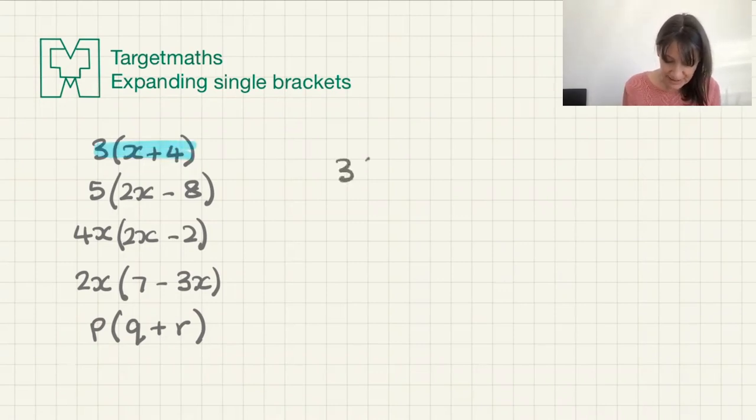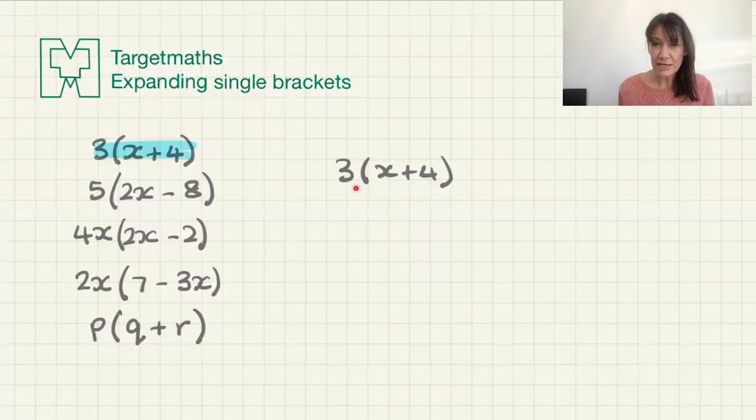All right, so let's take a look at this first one. We've got 3, and then the x plus 4 is in the bracket. What we're actually looking at here is the 3 squashed to the bracket, and anything squashed in algebra should make us think of times. So what this is saying is that I've got 3 lots of everything in this bracket. That looks like this.